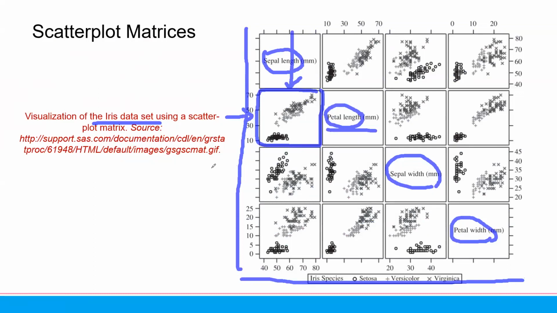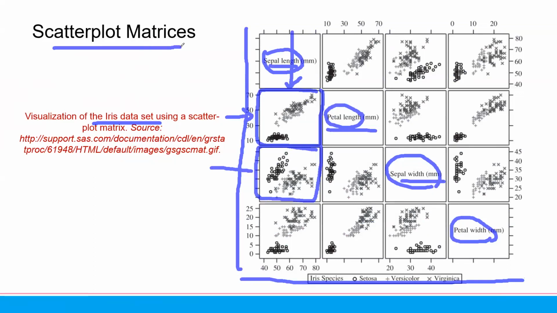If you look at this box, this is the correlation between the sepal length and the sepal width. So we call this the scatterplot matrices.